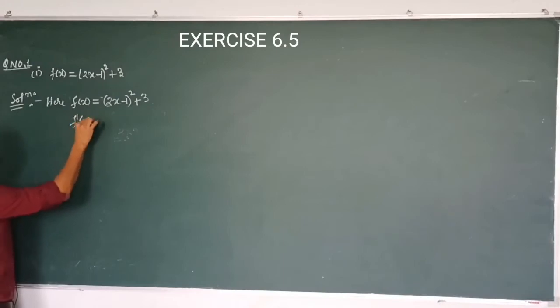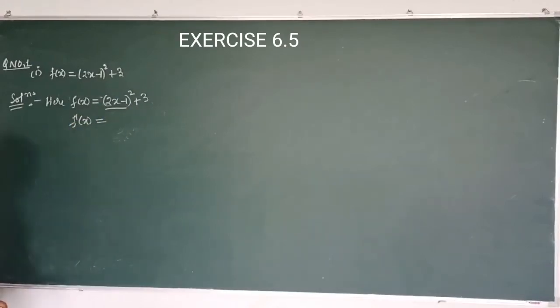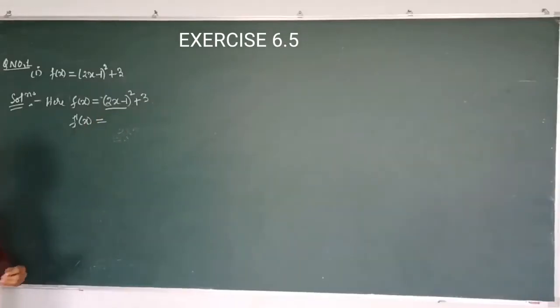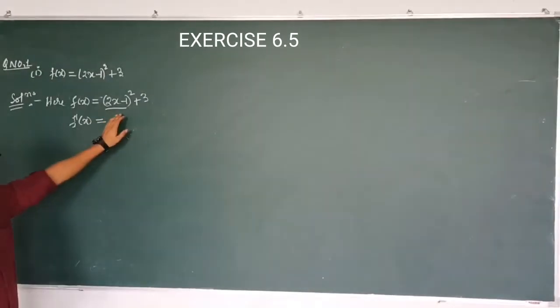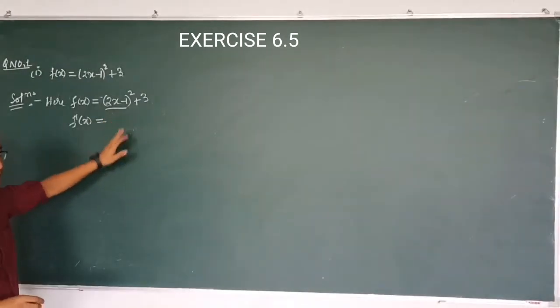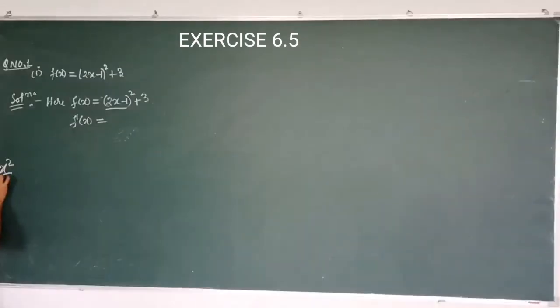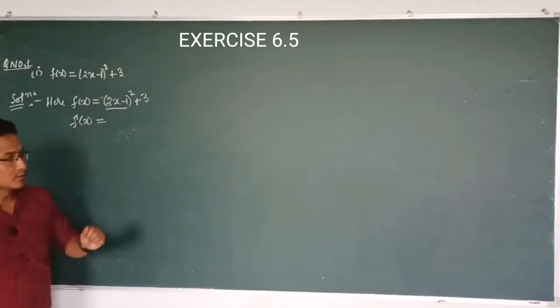For f dash x we apply the chain rule. When you see a power of an expression in x, then we apply the chain rule. This is not just x squared. If you had x squared, then we would directly differentiate, but here we apply the chain rule.